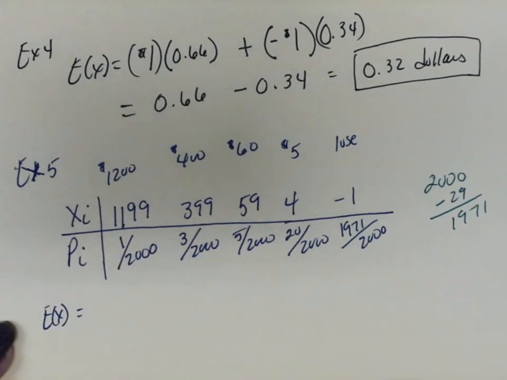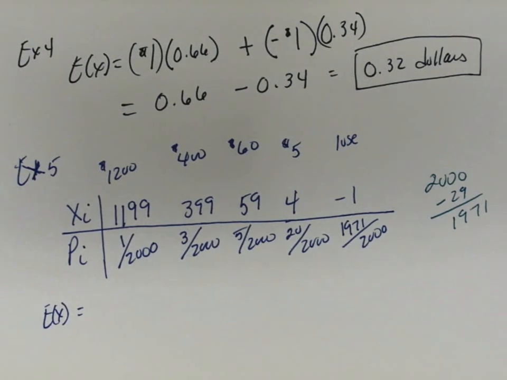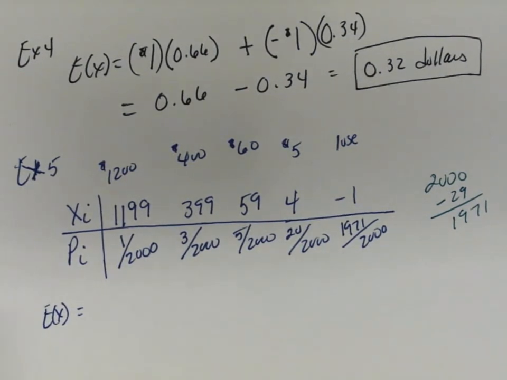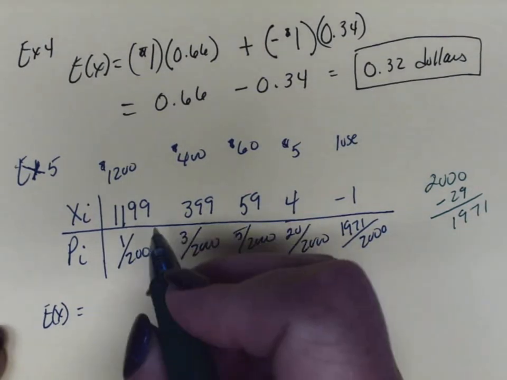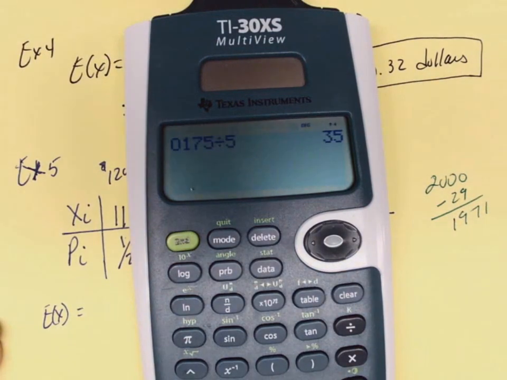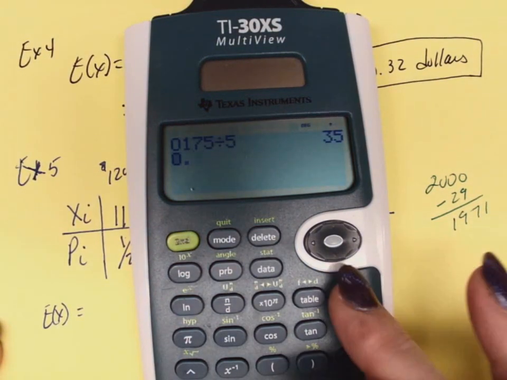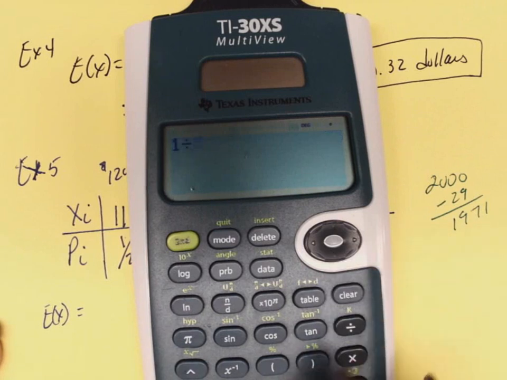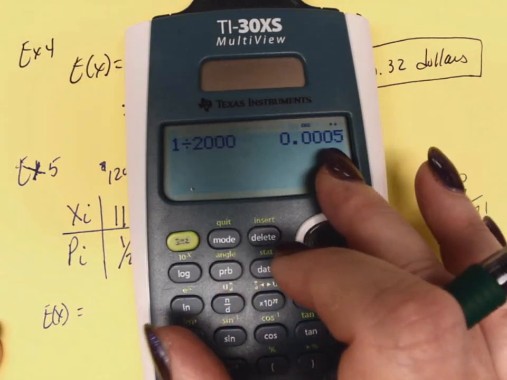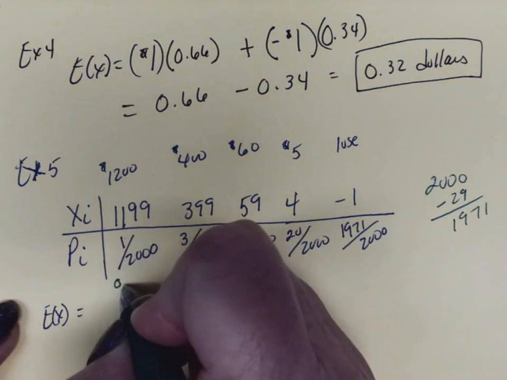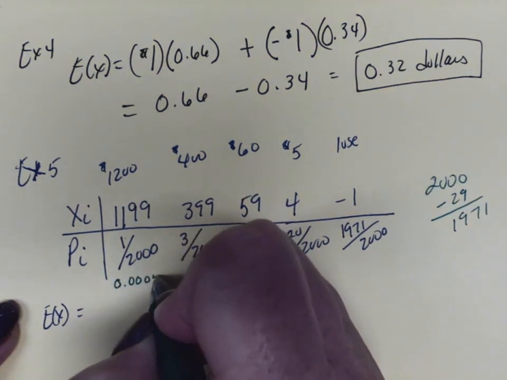So our E of X, you can change these to decimals. 1 out of 2,000, we can change it to a decimal if you want to. You don't have to, but I believe that's what your homework did. 1 divided by 2,000 gives us 0.0005.